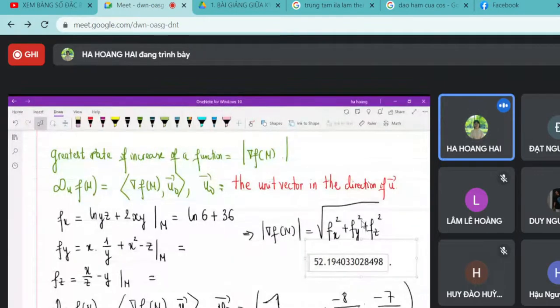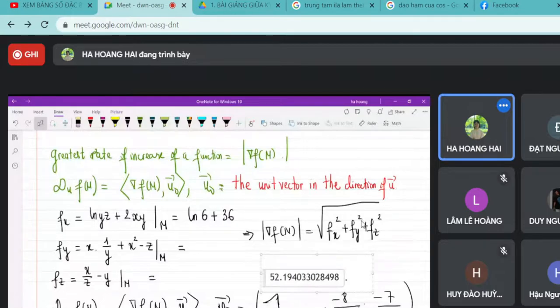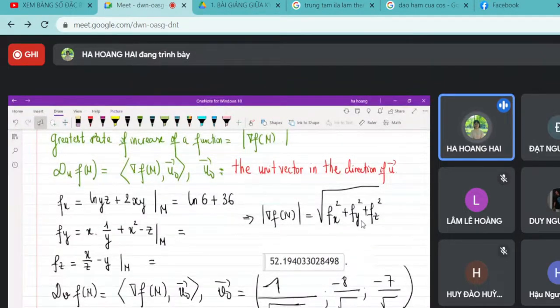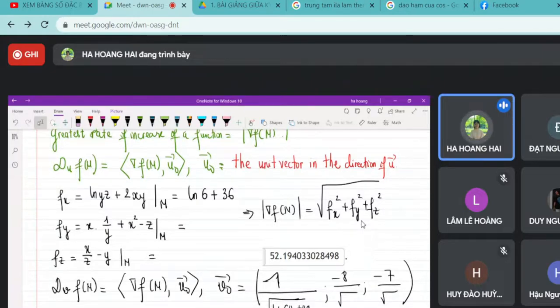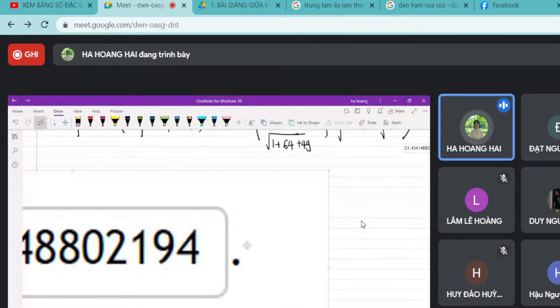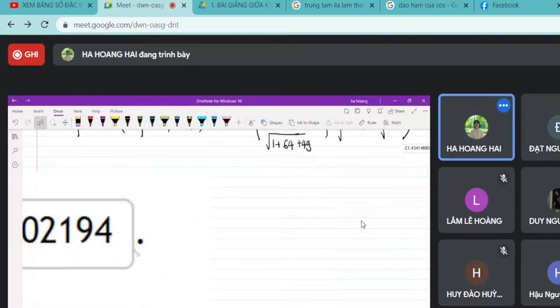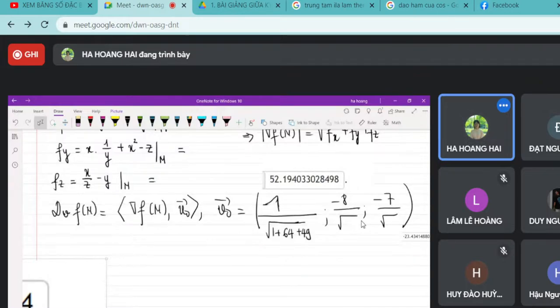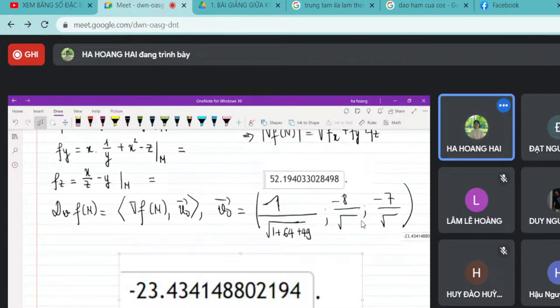Here's the rate of change. Oh, hello. We can see the results on the screen. Okay, so we have minus 20, minus 23, point 43.